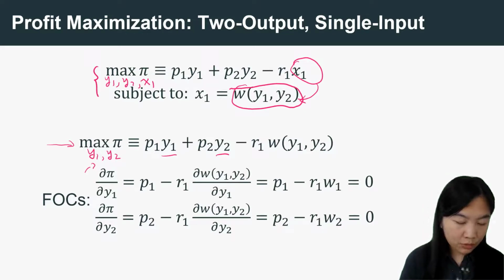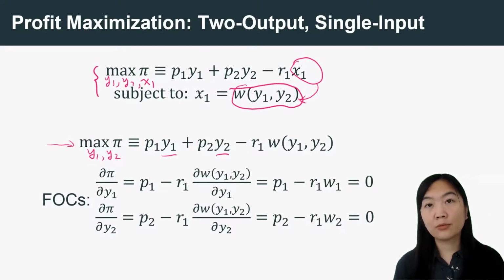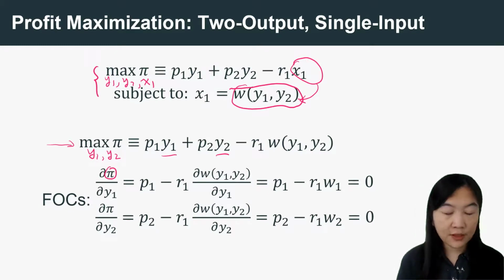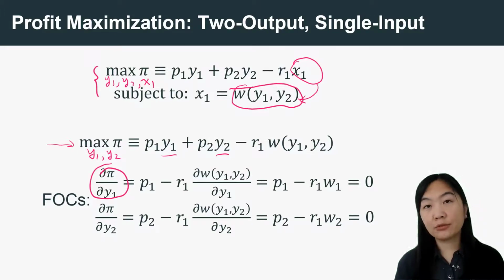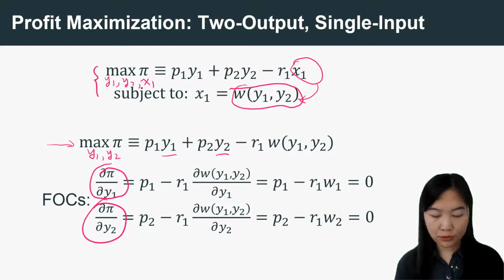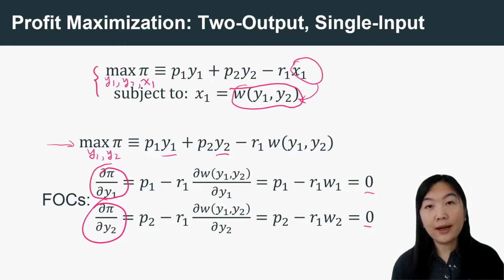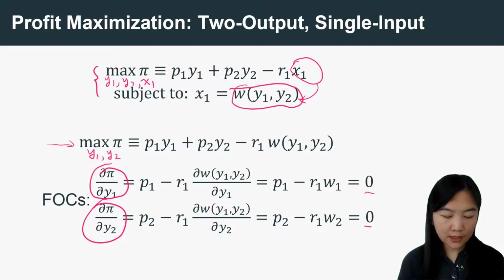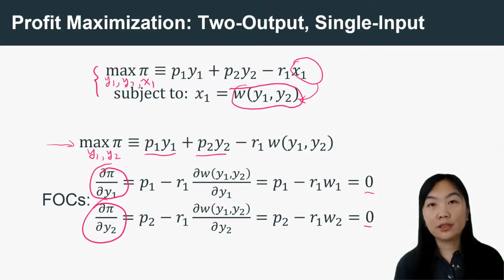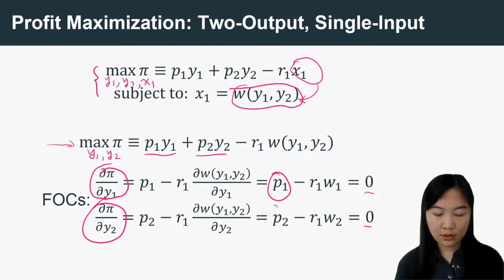We have two choice variables, y1 and y2, and our objective is our profit. So we set the derivative of the profit with respect to y1 and with respect to y2 equal to 0. And we know how to do this. In the profit function, these two terms are linear, so it's easy to find those.